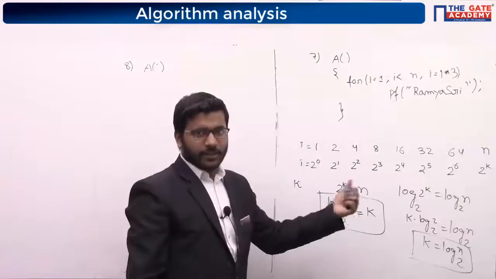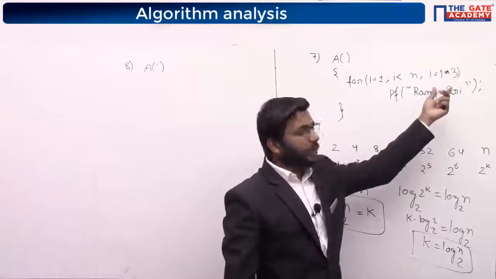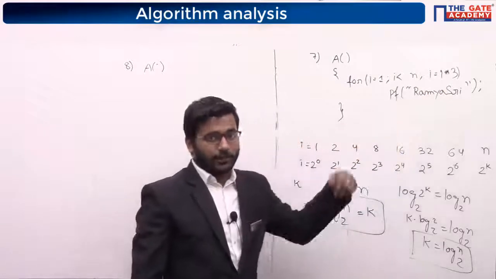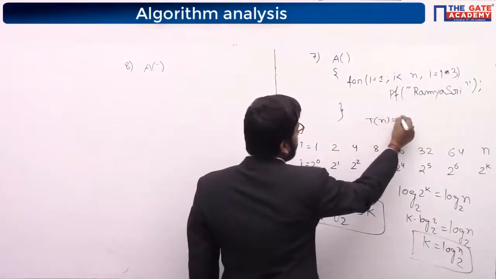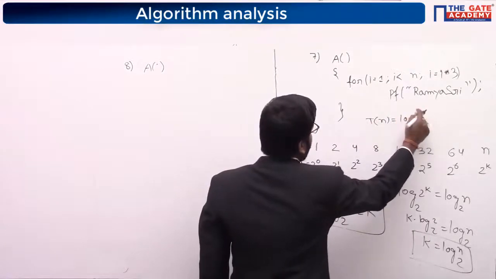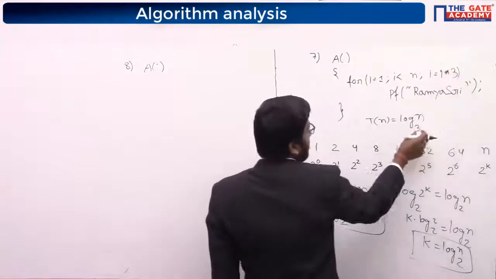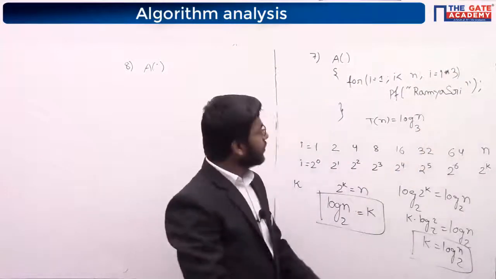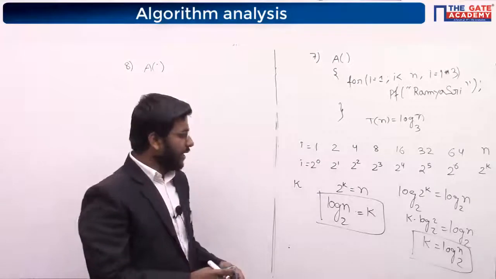But since we know that whatever number we are multiplying by will be the base of the log, the time complexity will be log n base 3. So with whatever number I am multiplying, that will be the base for n. Is it clear? Anyone having any doubt?